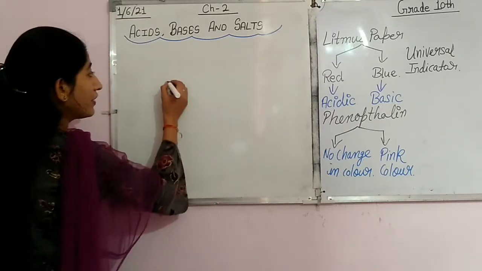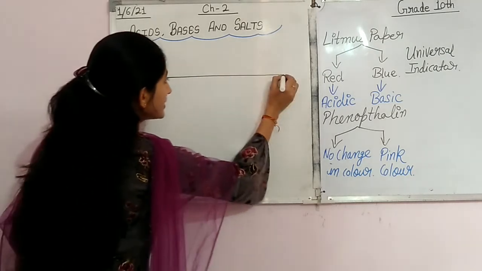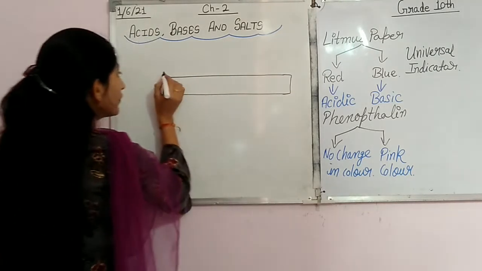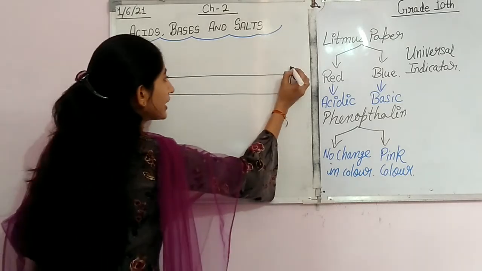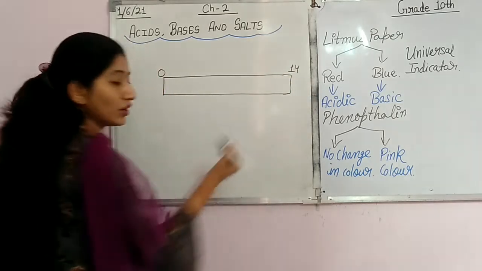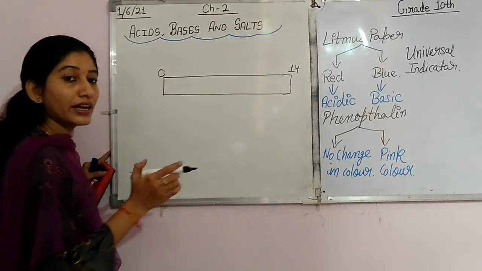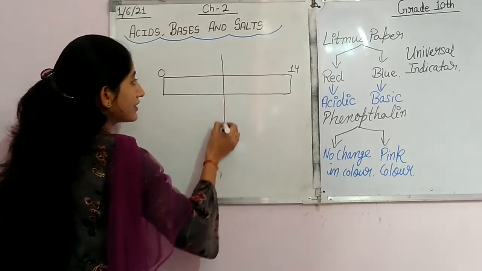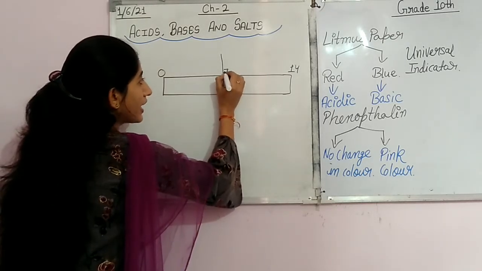It is a type of scale like this. This is the pH scale, in which numbers from 0 to 14 are given, and at the center 7 is marked.